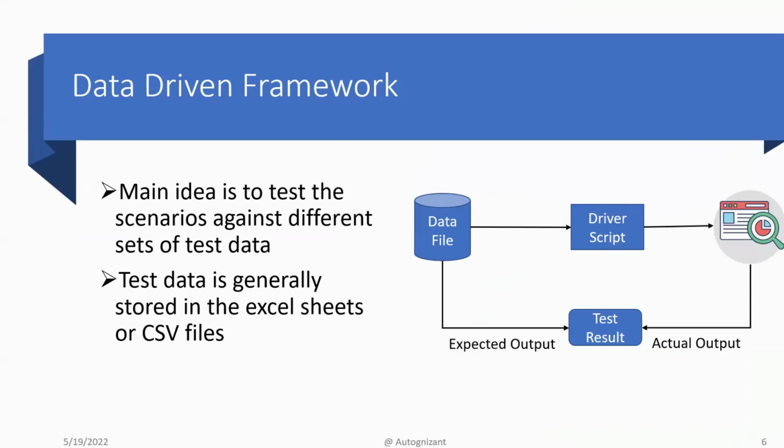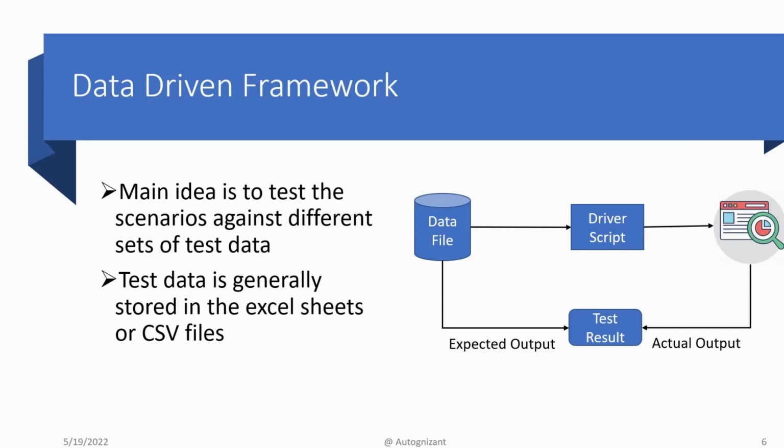In data-driven framework, we test the scenarios against different sets of data. And generally, the test data is stored in Excel sheets or CSV files, or sometimes even in a database, depending on the requirement.